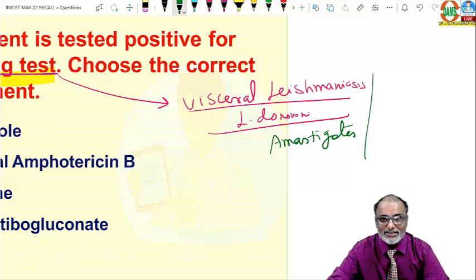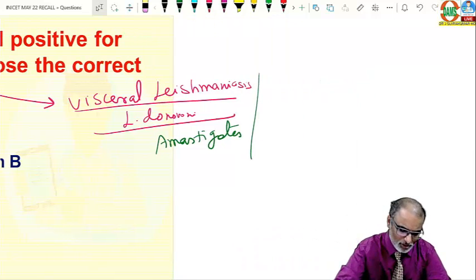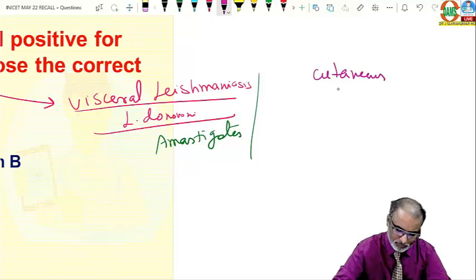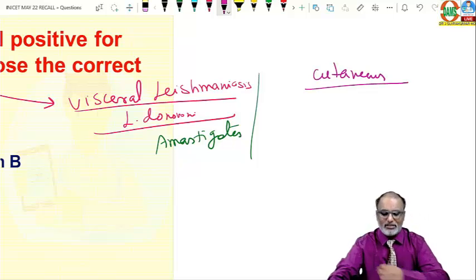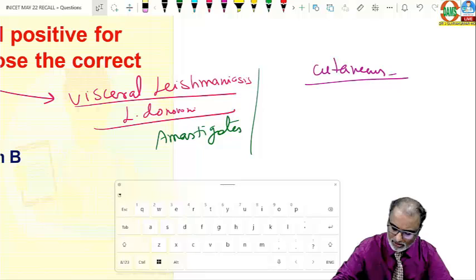Got it? So once if you diagnose other type of leishmaniasis, you are all aware of that, cutaneous, which includes oriental sore or Delhi boil.